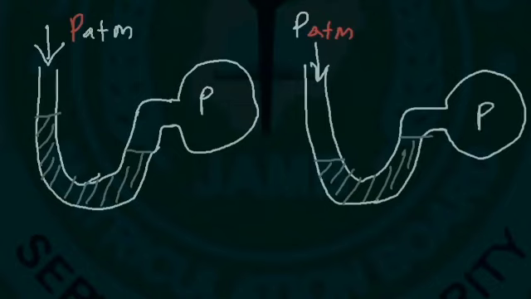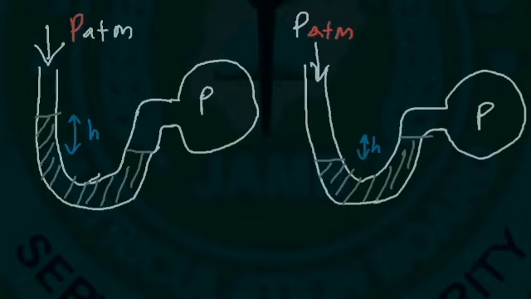And then we have the height of the mercury column, or the height difference, which we'll call h. So how can you write an equation between the pressure of the atmosphere and the pressure inside the gas for each of these situations?